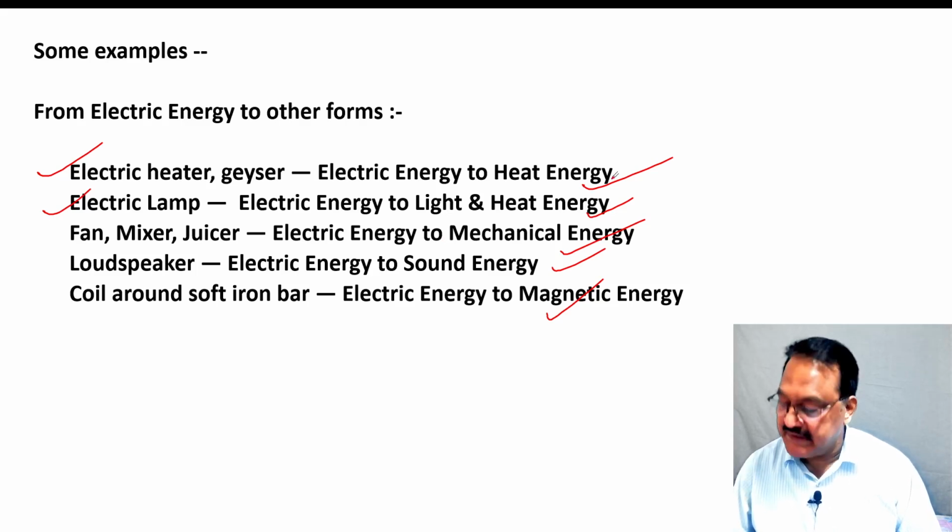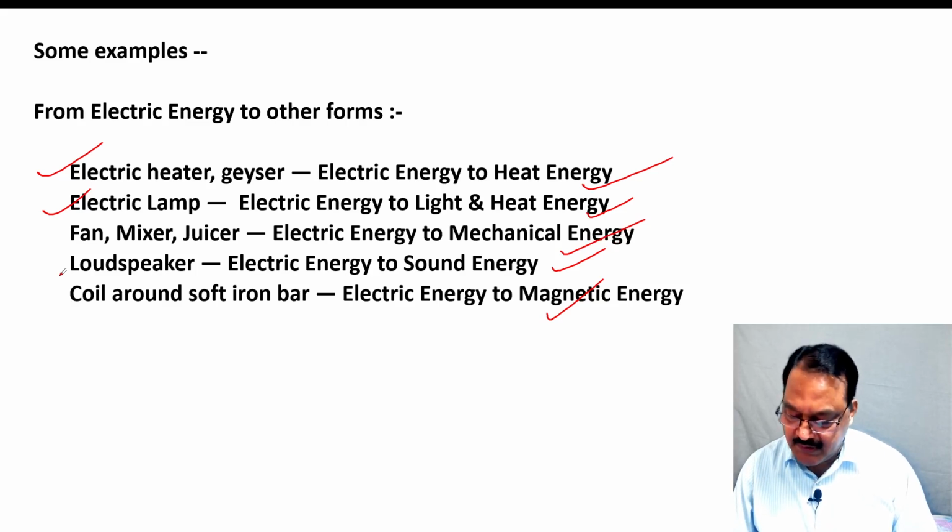Let us take the next example. In the case of an electric lamp, we have already discussed how the electric energy is converted into heat energy. Next, in the case of a fan, mixie or juicer, we provide electric energy and it is converted into mechanical energy as per our requirement.